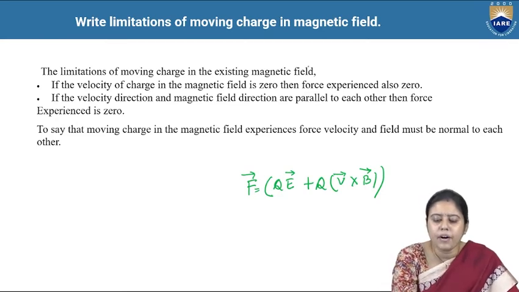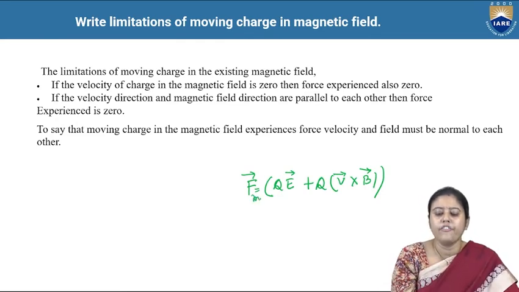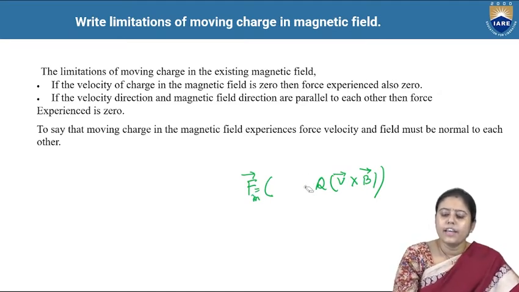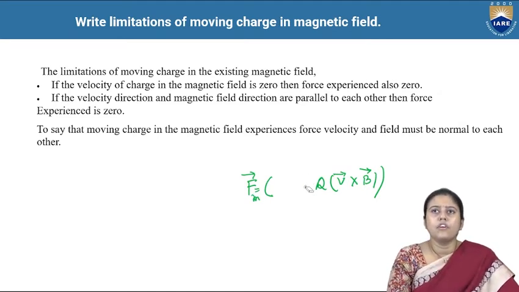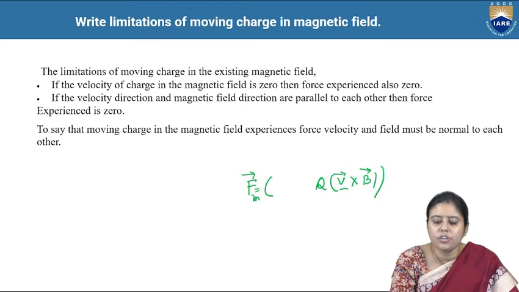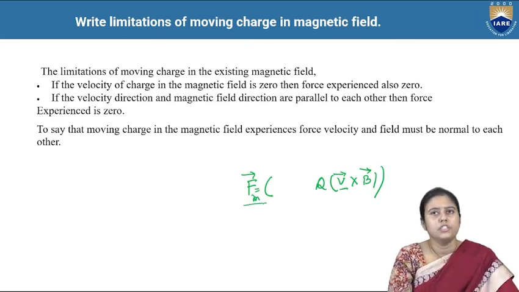If we think about only the magnetic field, what is the equation? Fm is equal to Q V cross B. So if the velocity is 0, the force will be 0.